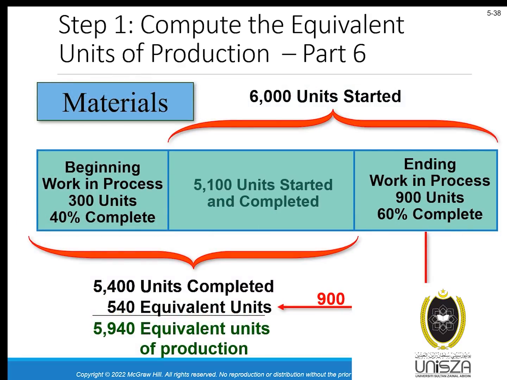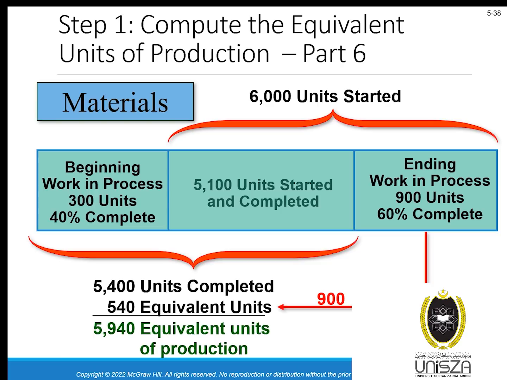So, compute the equivalent units of production. This we already calculated and provided in detail in the previous slide, class, that we get 5940. Here it shows 5,100 is units started and completed.